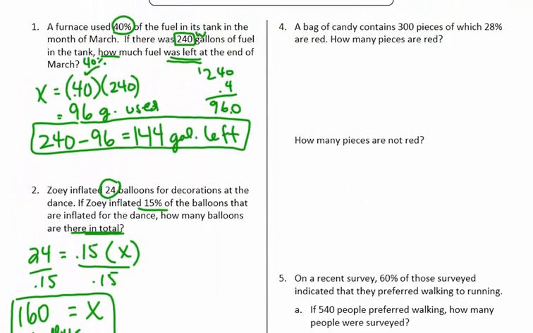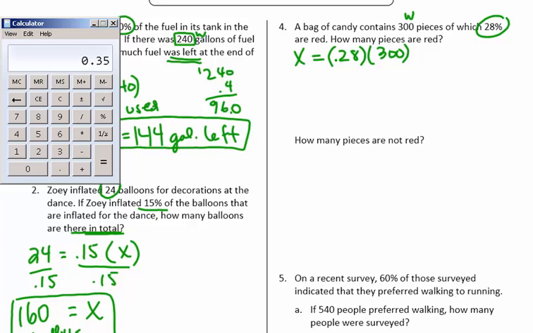Number 4, a bag of candy contains 300 pieces, so that's the whole. 28% are red. So how many pieces are red? So X is the part, 28 as a percent, times 300 the whole. So I just take the 0.28 times 300.